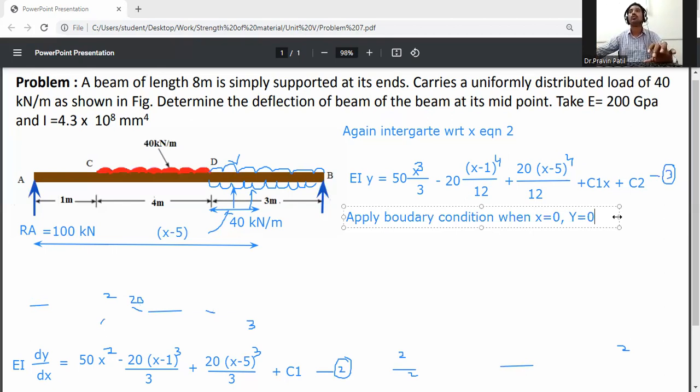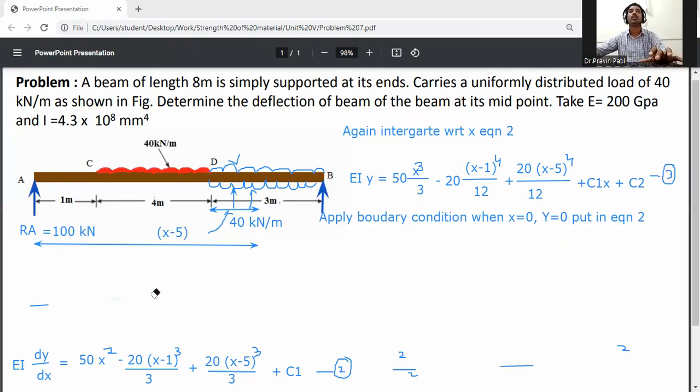Put in equation number 2, okay. So from this value we will get the C1, C2 values.